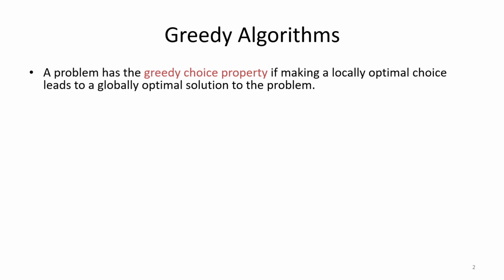So we were considering, is there a greedy choice property for this problem? We can think of the greedy choice property in the same way that we think of other properties of problems, like optimal substructure. If a problem has optimal substructure, we can do divide and conquer, or we can do dynamic programming. If it has a greedy choice property, then we can do some greedy algorithms with it. And these properties line up in the same way.